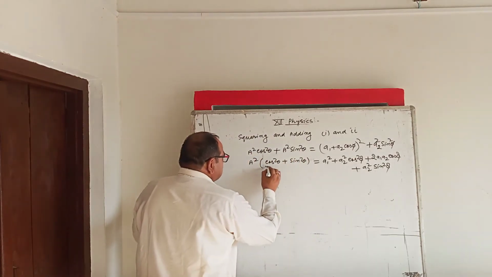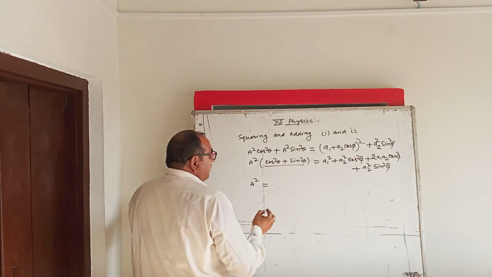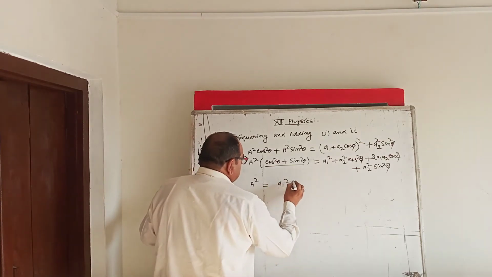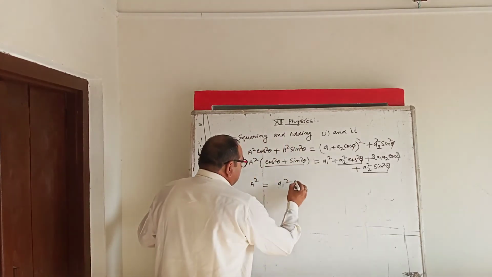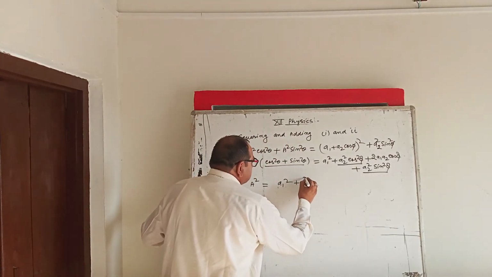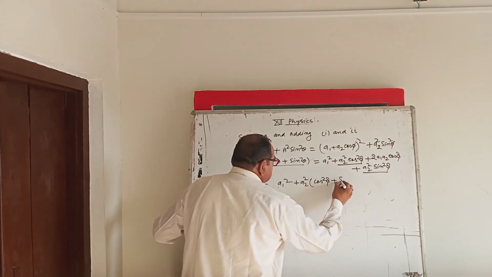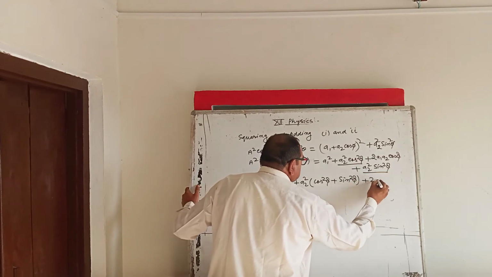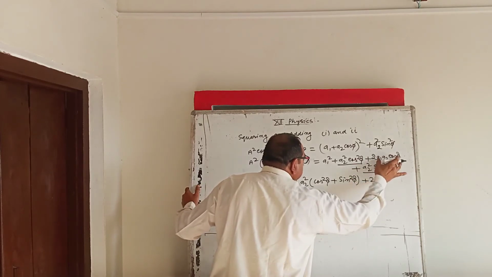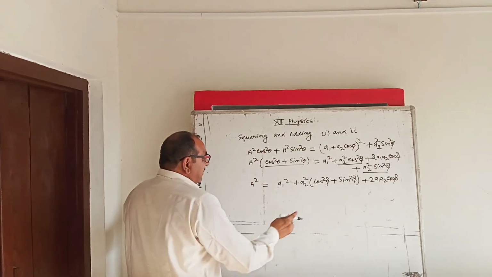Now this is 1, so we get A square. Now a1 square, and I take a2 square common from cos square phi plus sine square phi, plus 2 a1 a2 cos phi. What you get again?